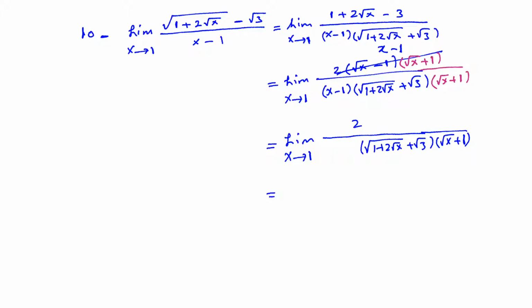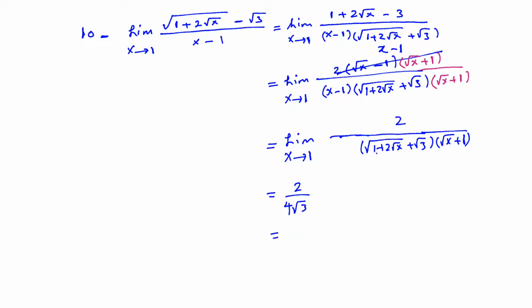x minus 1 is getting cancelled with x minus 1 in the numerator. And the limit would be 2 over root 3 plus root 3, 2 root 3 times 2. 2 root 3 times 2 is 4 root 3.